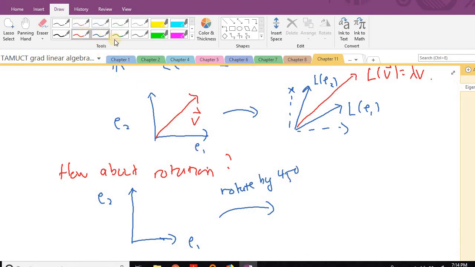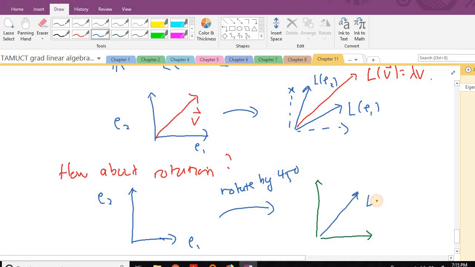Then what's the result going to be? What happens when I rotate E1 by 45 degrees? Where does it go? It's going to go up here. I'll call this L of E1. And what about E2? Where does E2 go? Still perpendicular. L of E2.